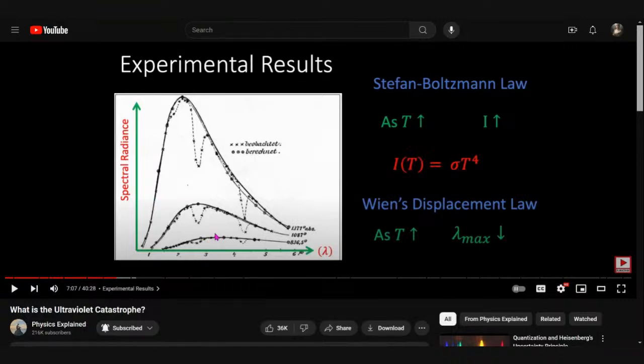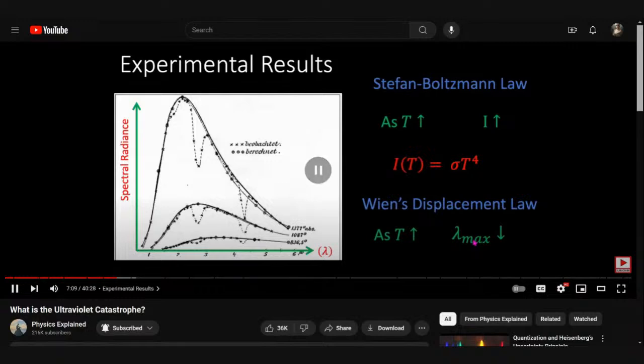So let's say this is the maximum here, and as you heat it up, the maximum moves further to the left. So the maximum blue shifts as temperature goes up. This is lambda of the maximum radiance, not the maximum lambda. There is no maximum lambda.